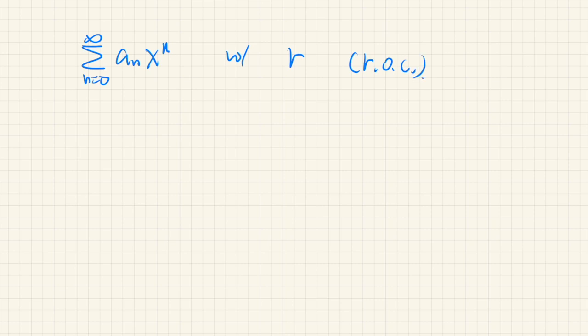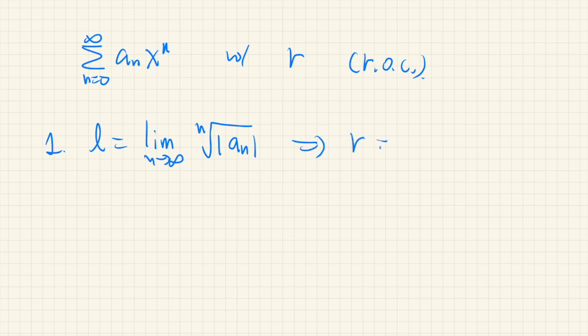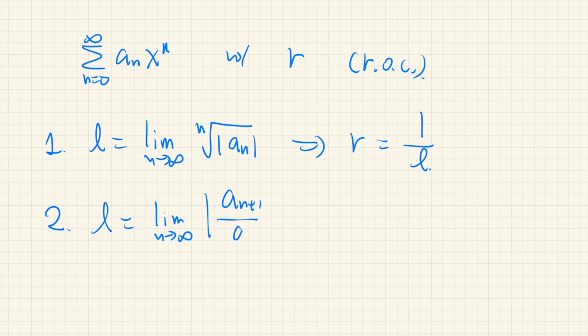Then first, if this limit exists, L, the limit of the nth root of the absolute value of the coefficient a_n, then the radius of convergence r is given by 1 over L. And second, if this limit, that is a_(n+1) over a_n, exists, then the radius of convergence is given by 1 over L.